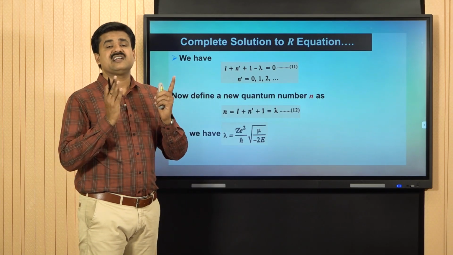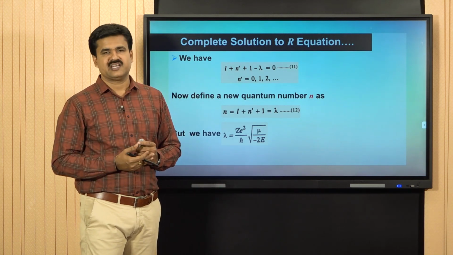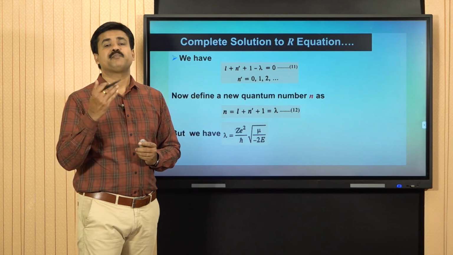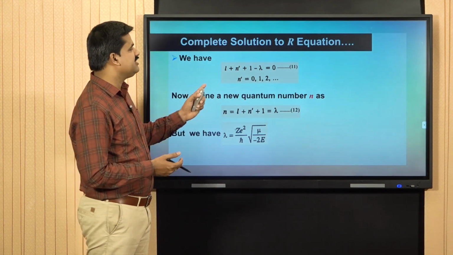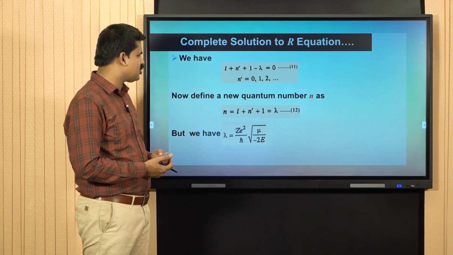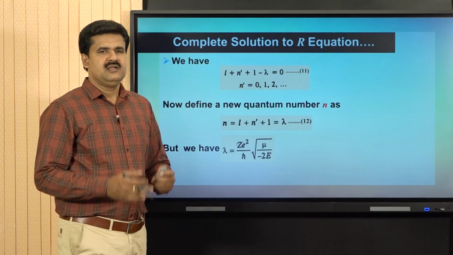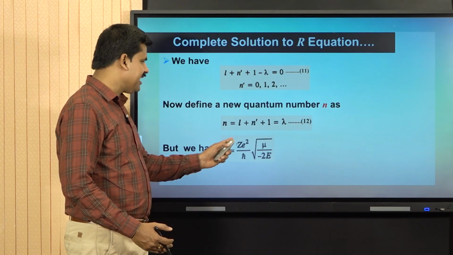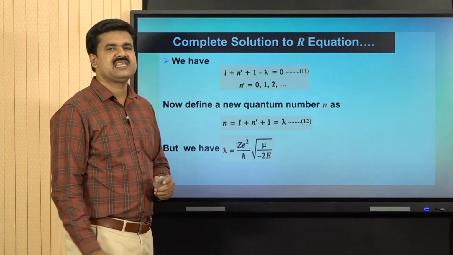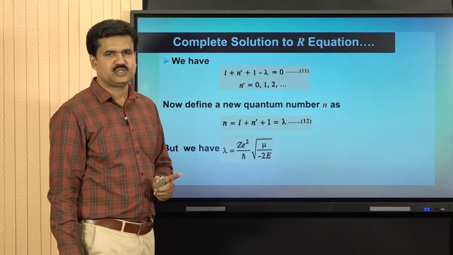Now, we are defining a new quantum number n, later known as the principal quantum number. The new quantum number n is defined as n is equal to L plus n dash plus 1, that is again equal to lambda. We know the relation lambda is equal to Z square divided by h cross into square root of mu divided by minus 2E.